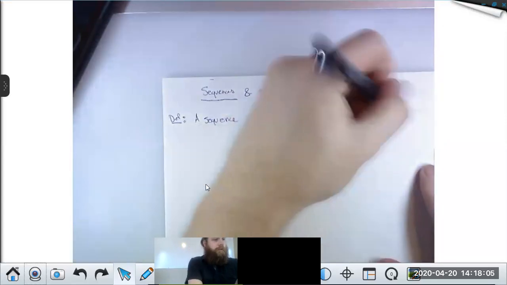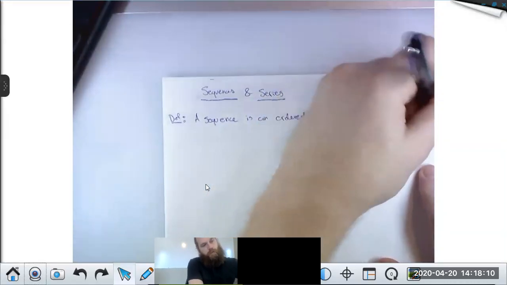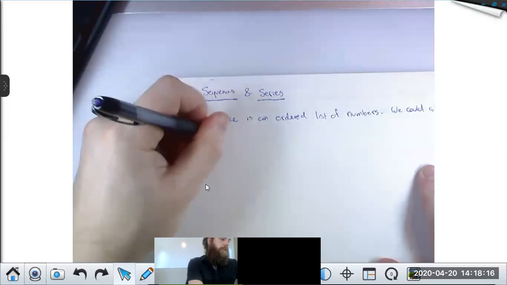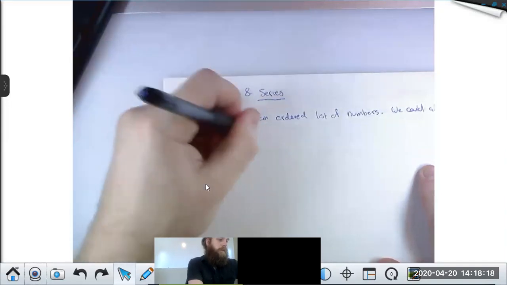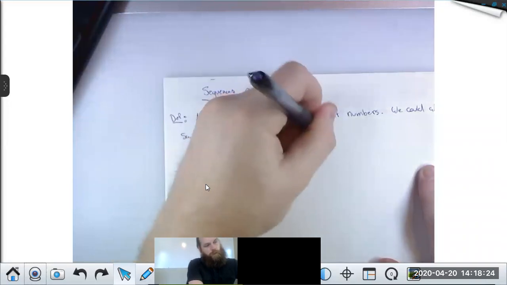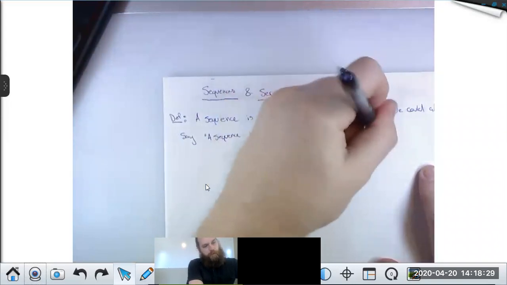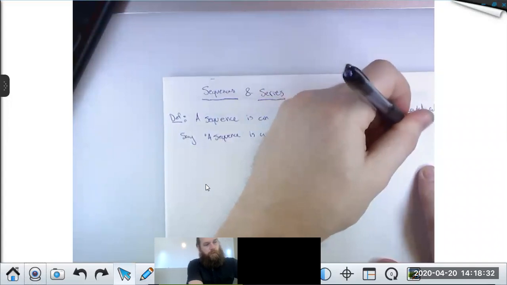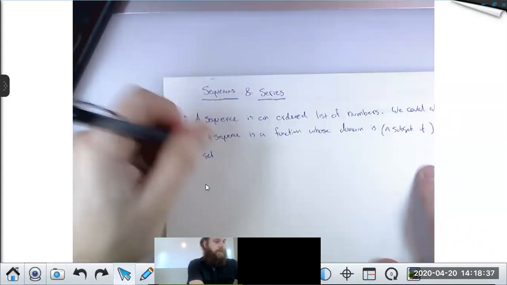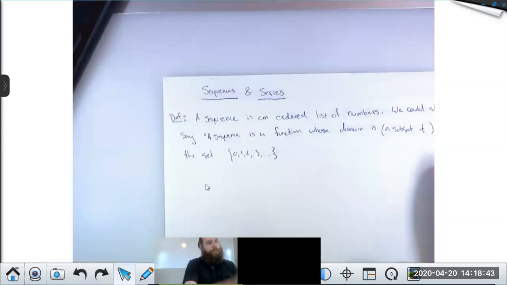Another way to say this, we could also say that a sequence is a function whose domain is a subset of the set 0, 1, 2, 3, and so on.